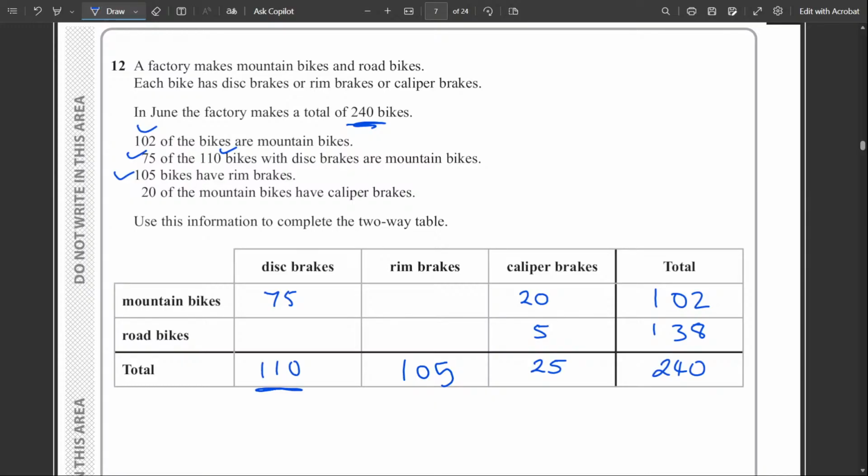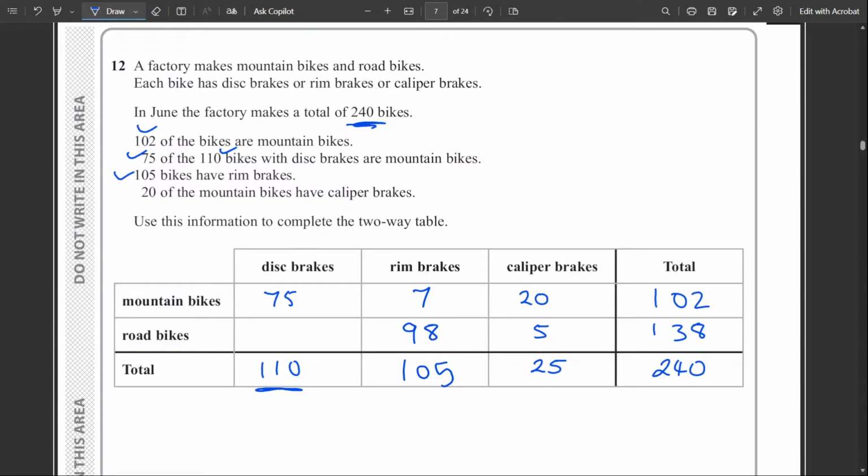Okay, and we can work out the total number of rim brakes on mountain bikes. We can look at the mountain bikes because they should add up to 102. So we've got 95 here. 95 add 7 gives you 102. So we know 7 bikes have rim brakes on mountain bikes. Now we know they add up to 105, so this number here is 98 to add up to 105.